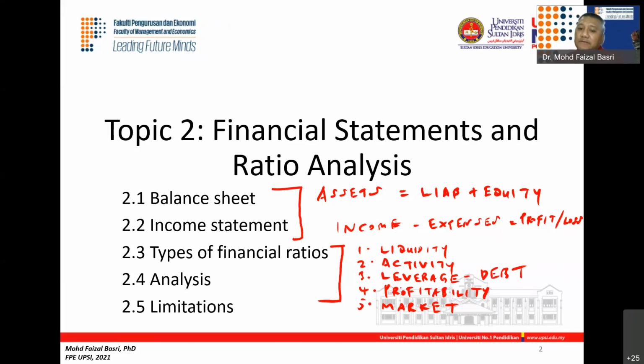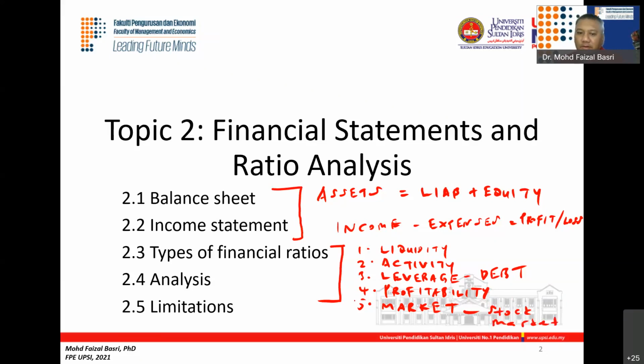Profitability refers to how good the company is at generating profits. And finally, ratio number 5 is about market ratios. Market ratios measure the company's performance with regard to market activity. Market here refers to the stock market.